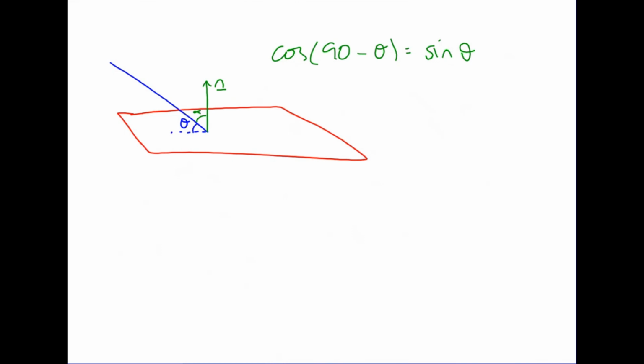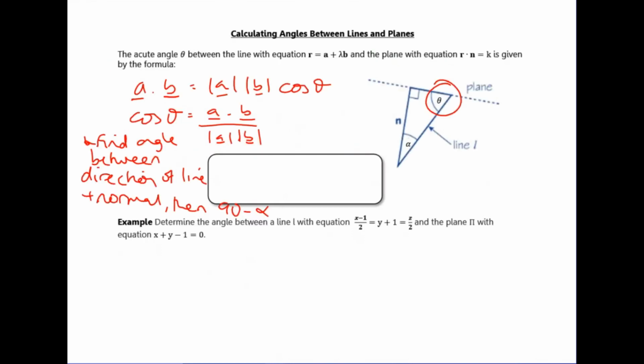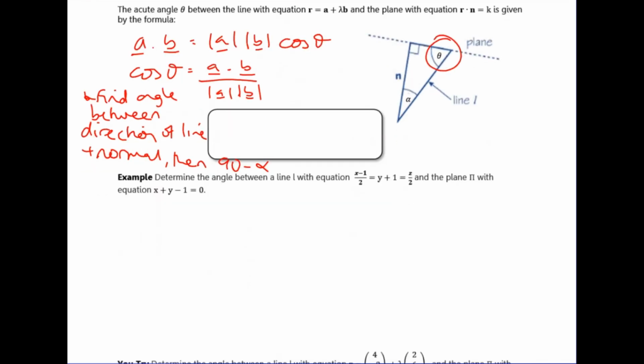And if you're doing 90 minus an angle, cos of 90 minus an angle is the same as sine of that angle. So there is a formula for this where the cos turns into a sine. I don't use it. I don't really like it, but if you want to, I'll give you it there.